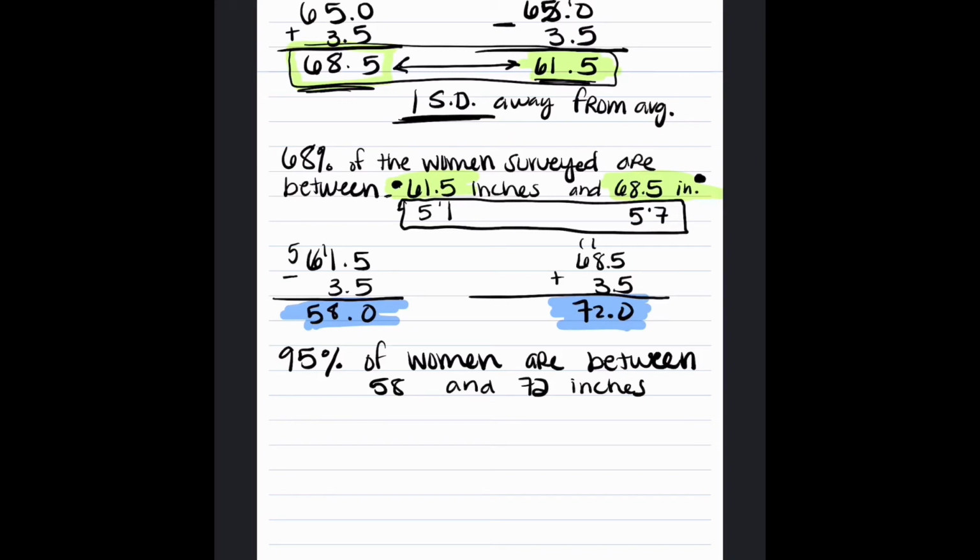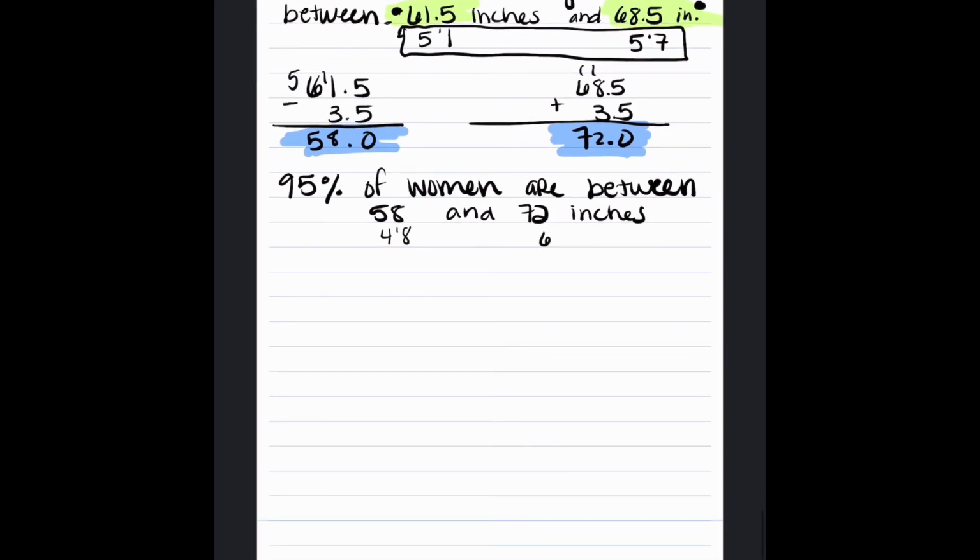And then again, if you want to convert it to feet, you can divide by 12. 58 divided by 12 is about 4.8, and 72 divided by 12 is 6. So this is like saying 95% of women are between 4.8 and 6 feet. And that completely makes sense. The majority of the women I have met are definitely between the heights of 4.8 and 6 feet. But of course, that doesn't include everybody.